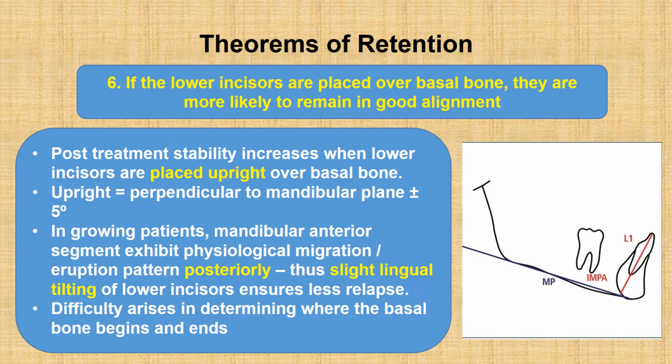In growing patients, the mandibular anterior segment tends to exhibit a physiological migration pattern in a posterior direction. Thus, a slight lingual tilting of the lower incisors ensures less relapse since it's in the same direction as the physiological migration. But the difficulty arises in determining where the basal bone begins and ends.